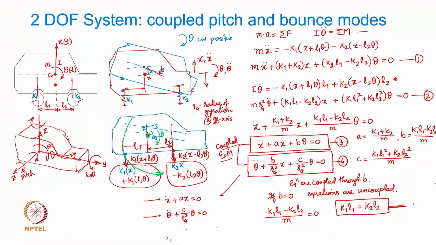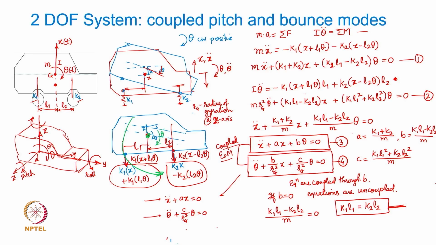So if the CG is shifted, then the suspension springs should have spring rates in a way that this equation gets satisfied. That means K1 L1 should be equal to K2 L2. Even if K1 and K2 are different, your L1 and L2 should be such that you have this equation satisfied.